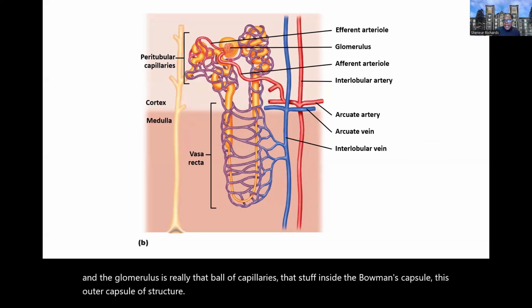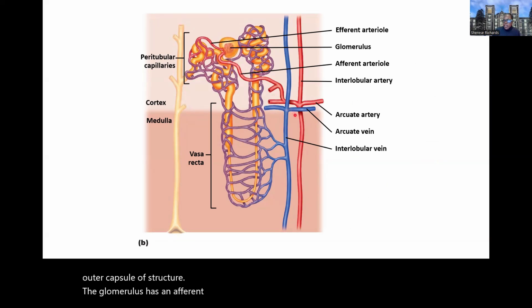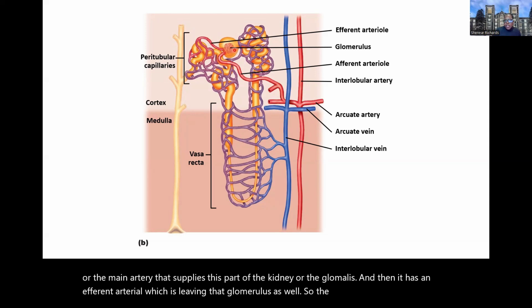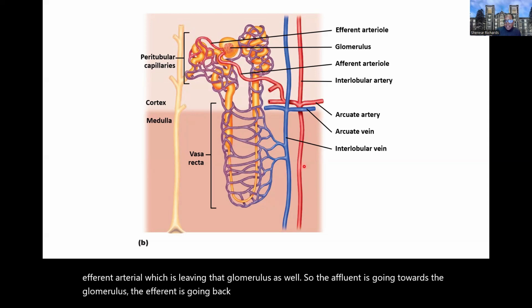The glomerulus has an afferent arteriole. This is the blood vessel coming from the main artery that supplies this part of the kidney. And then it has an efferent arteriole, which is leaving the glomerulus as well. So the afferent is going towards the glomerulus. The efferent is going back towards the venous system.